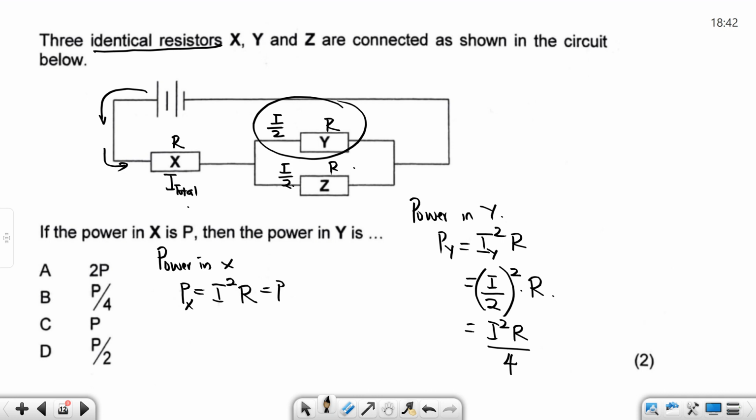But hold on. It's like I've seen this I squared R somewhere. It is the power of X, which is P. So what do we have if we were to replace it? P over 4. Does it exist? Yes. B. It's a quarter of the power because current is divided. So current is divided and then you are squaring that current, which gives it over 4.